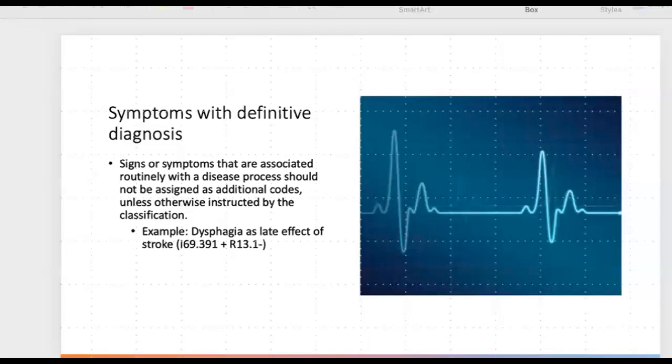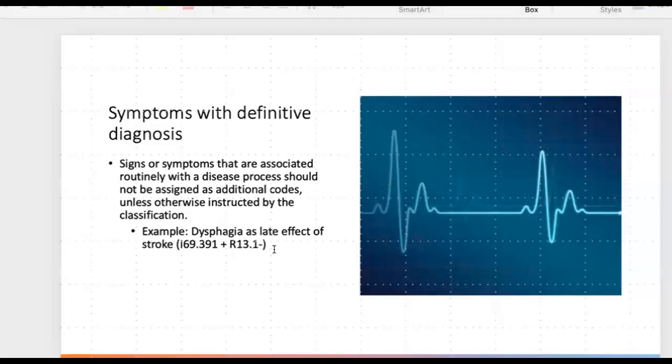So we already know that a symptom should not be assigned codes unless, like the guidelines are saying, there is a further instruction that you need to assign the symptom alongside a definitive diagnosis. That's what we're going to do, okay? And this dysphagia, or the difficulty in swallowing, is one of those. If you look at the code for dysphagia because of a previous stroke, let's go back to that slide.